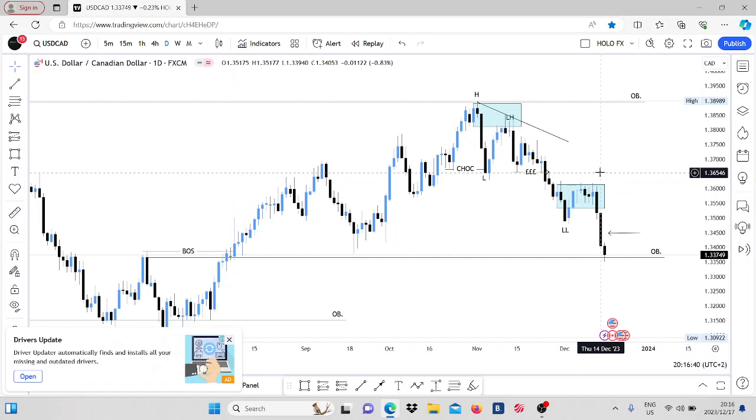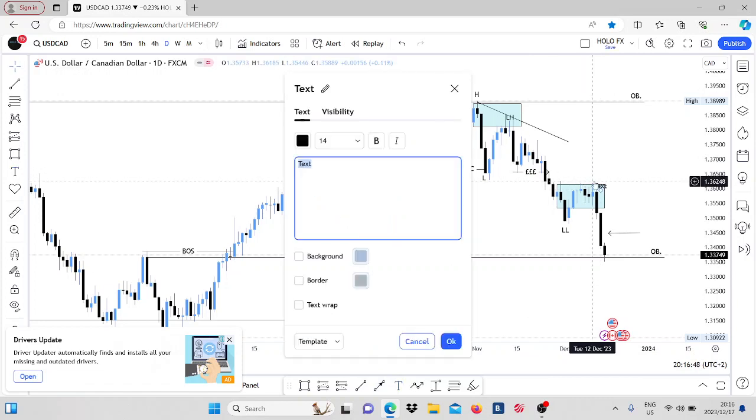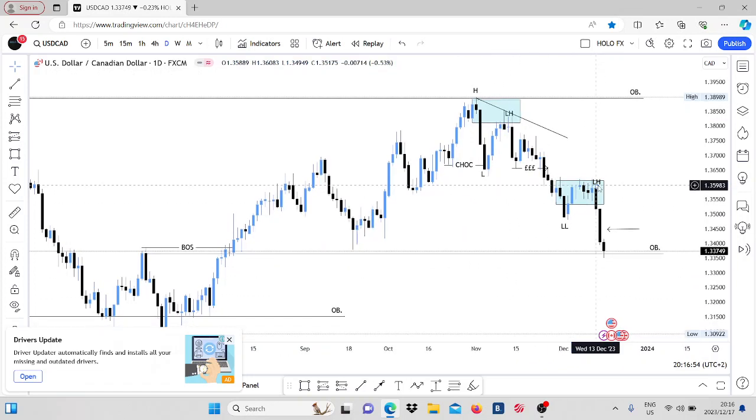We'll go down on a 4-hour just to refine it, but I just want us to be mindful of how price was moving. High, ultimately coming to a lower low.